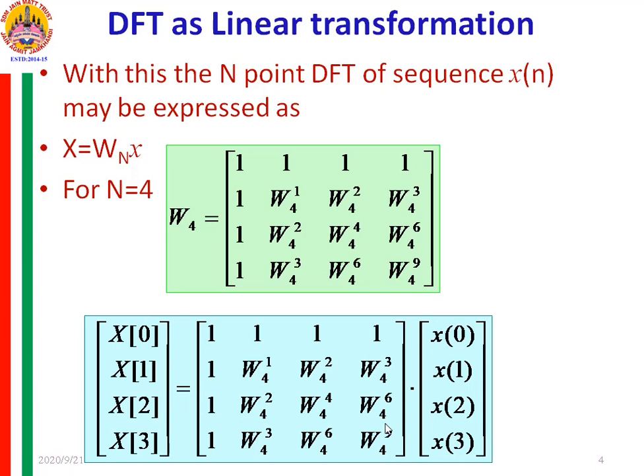They obey the periodicity property and symmetry property. So if we compute only two terms, the remaining terms we can compute by using the property. That is, if you have capital N, then N by 2 points are enough to evaluate the remaining N by 2 points of this twiddle factor.